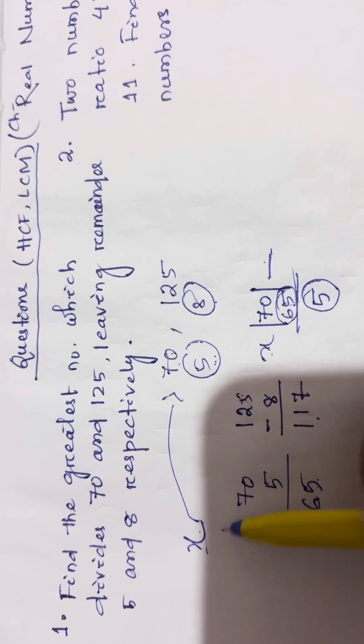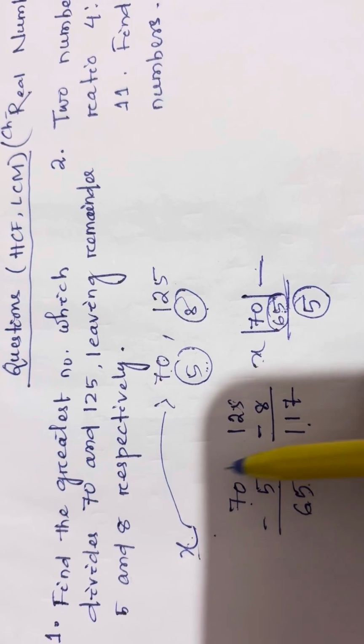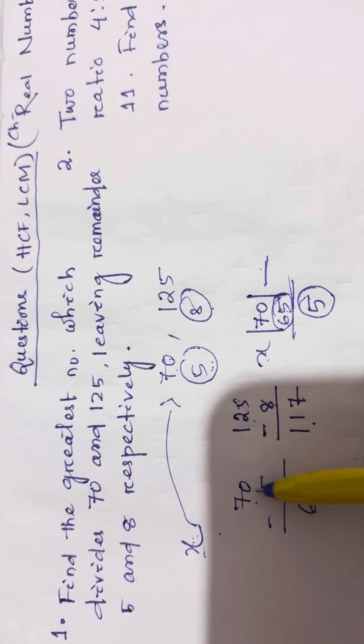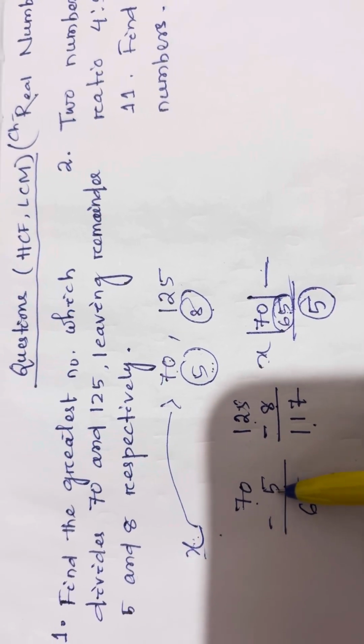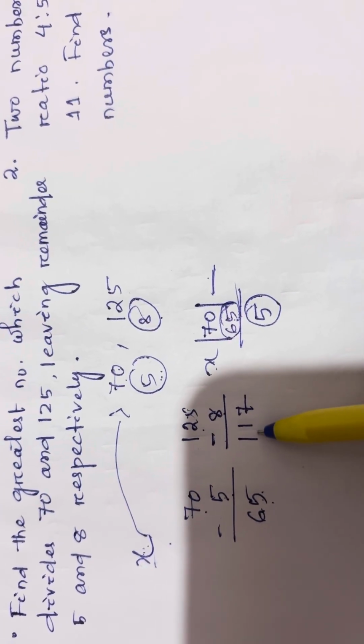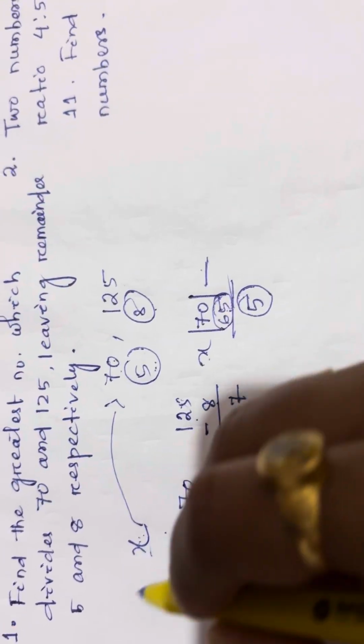When x is dividing 70, it is leaving remainder 5, and when x is dividing 125, it is leaving remainder 8. So 70 minus the remainder, that is the remaining part: 70 minus 5 is equal to 65, and 125 minus 8 is equal to 117. So these two numbers are exactly divisible by x.